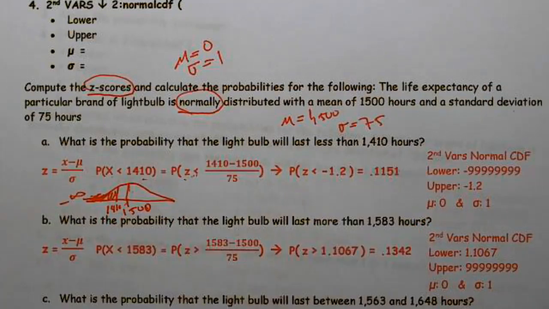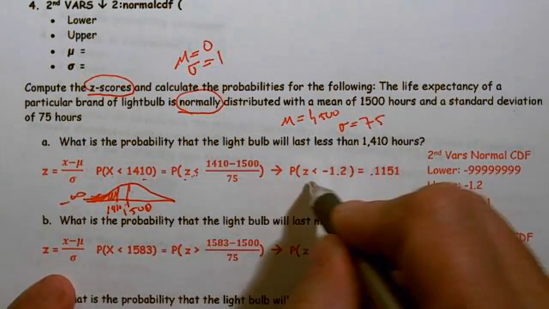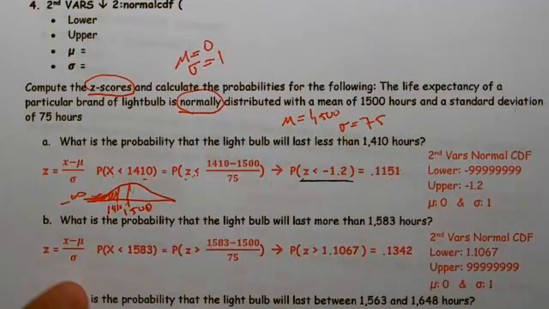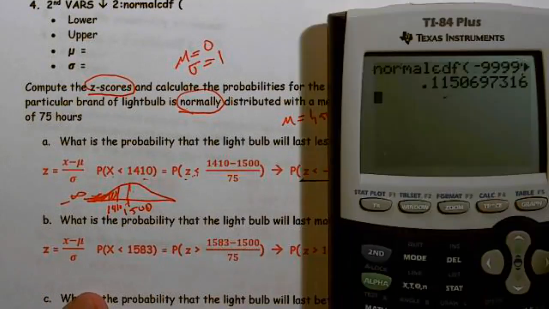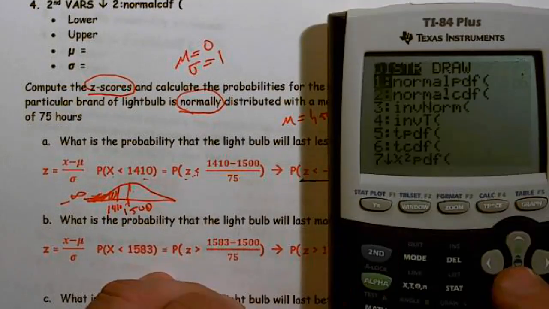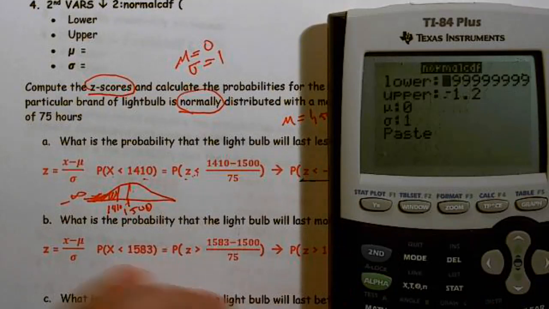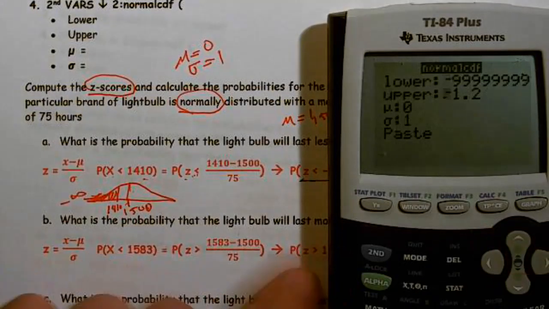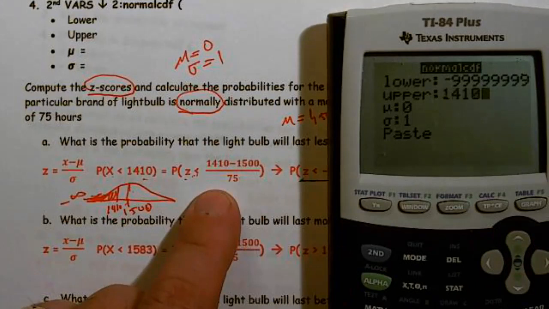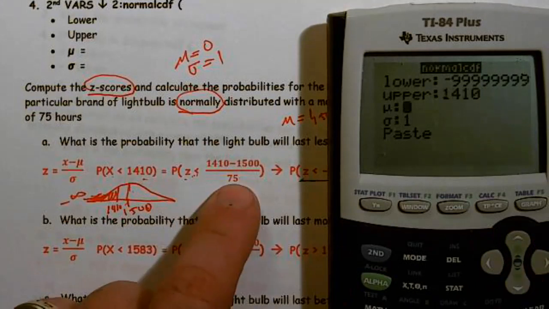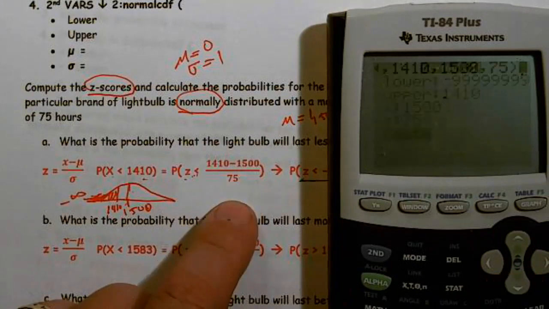Now, one thing I wanted to tell you is, in another video, I'll show you other ways to do things. You always have to give me the z-score. I know some of you are going, hey, can't I just go second vars, normal CDF, lower bound, negative infinity, upper bound, 1410, and put in the mean of 1,500 and the standard deviation of 75?